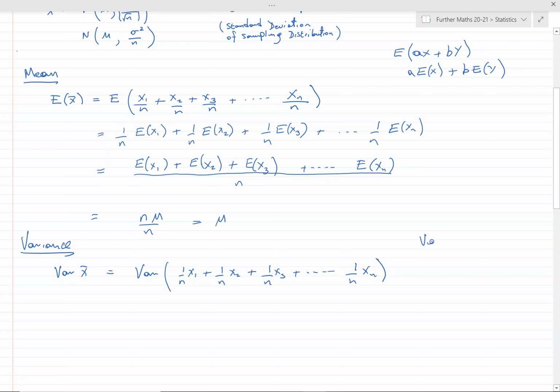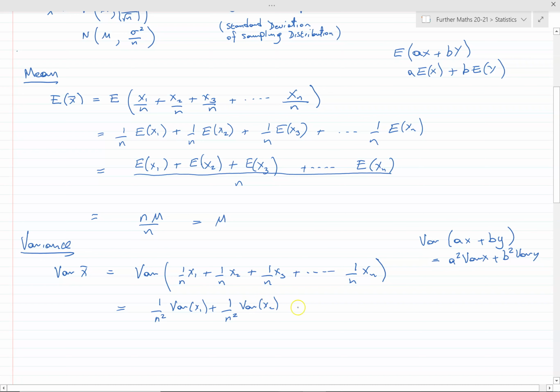Now this is basically an adaptation of the idea that the variance of ax plus by is equal to a squared var x plus b squared var y. So in other words, we need to square each of the n's here. So that's 1 over n squared var x1 plus 1 over n squared var x2 plus 1 over n squared var x3 and so on up to xn.